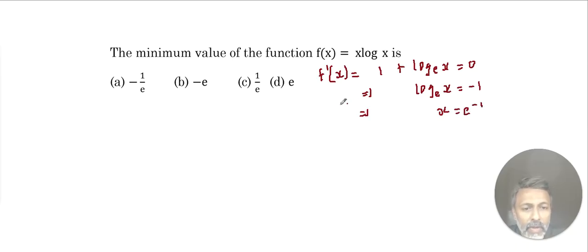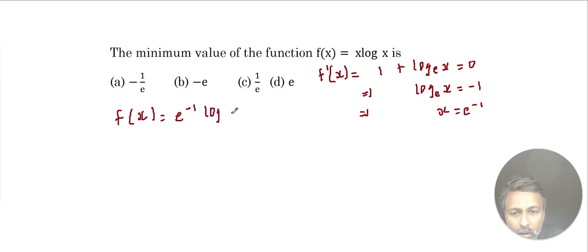To find the minimum value, we will substitute x is equal to e raised to minus 1 in the function. So f of e raised to minus 1 is equal to e raised to minus 1 log e raised to minus 1, which is 1 upon e into, the power minus 1 will come in the front.